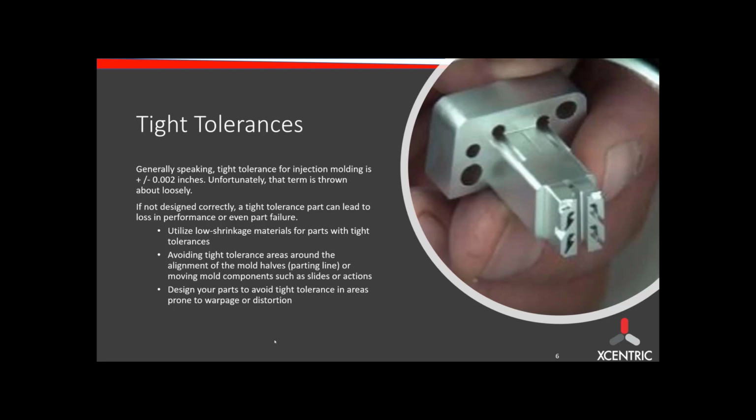For example, let's use a nylon material. Generally, you'll have a 15 thousandths of an inch per inch shrink. So every inch of part, you can expect 15 thousandths of shrink. On a 3-inch long part, you can expect 45 thousandths, which can be quite a bit.